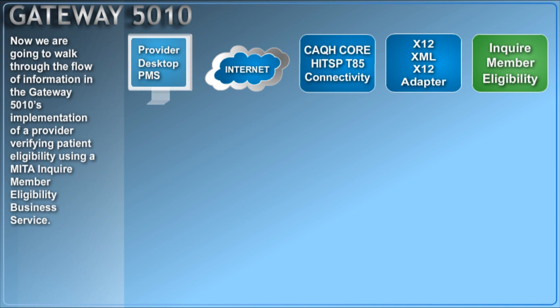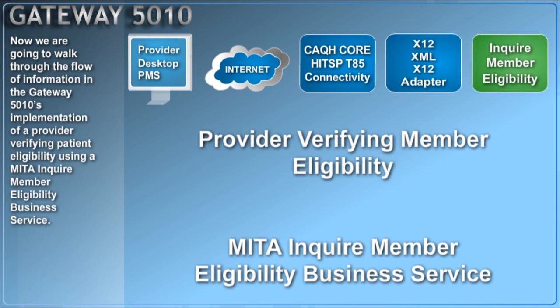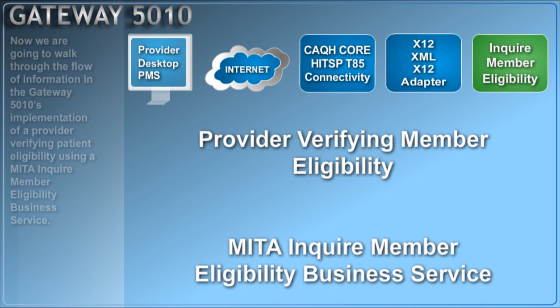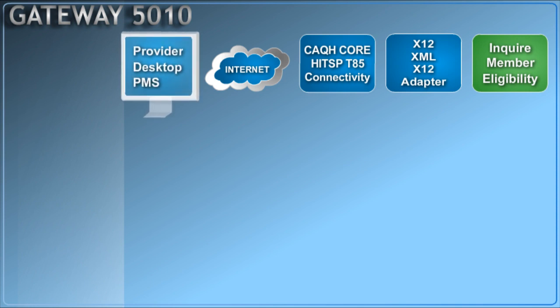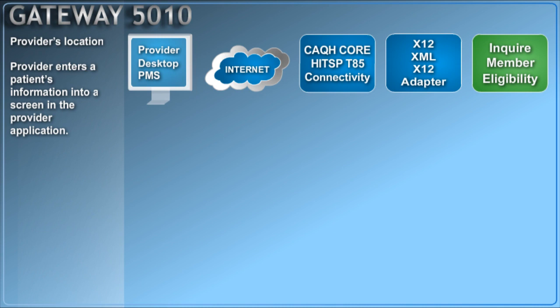Now we're going to walk through the flow of information in Gateway 5010's implementation of a provider verifying member eligibility using the MITA Inquire Member Eligibility Service. This process begins on the left-hand side of the screen at a provider's location where, through their desktop software or practice management system, the provider enters the patient's information into the screen inside of the provider application.